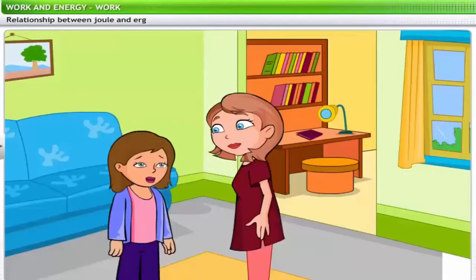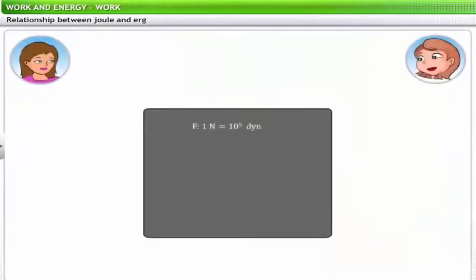Are joule and erg related then? Sure they are. Let's determine how exactly they are related. A force of 1 Newton is equal to 10 raised to the power 5 dyne. A displacement of 1 meter is equal to 100 centimeters.